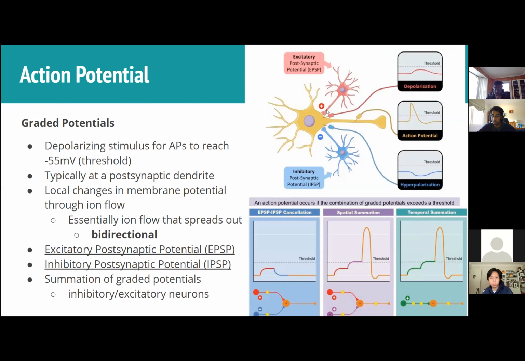So if two impulses come quickly, it causes enough ion flow to produce an action potential. Or you can have two different ones which sum up. Or you can have two different ones, one excitatory and one inhibitory. One excites it, one inhibits it, and then nothing happens.